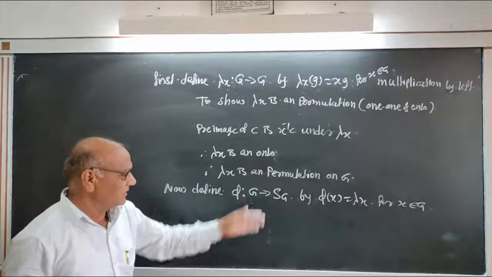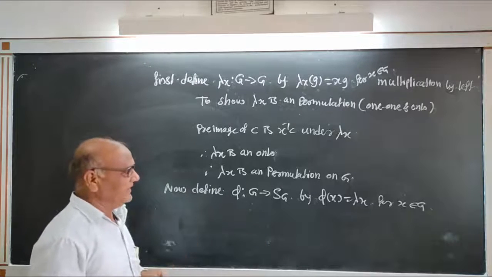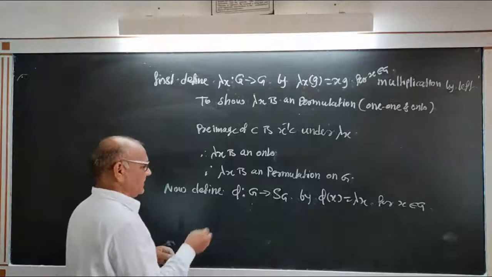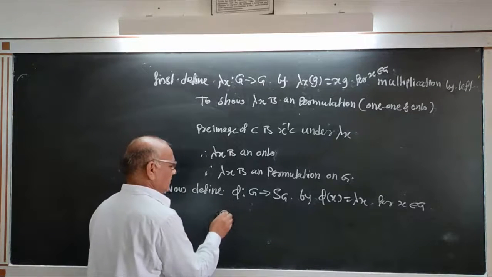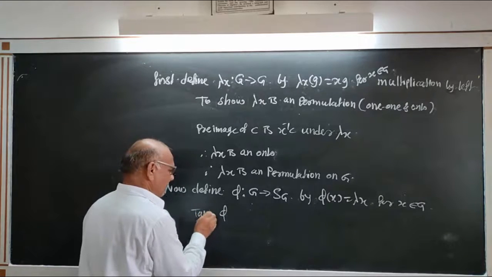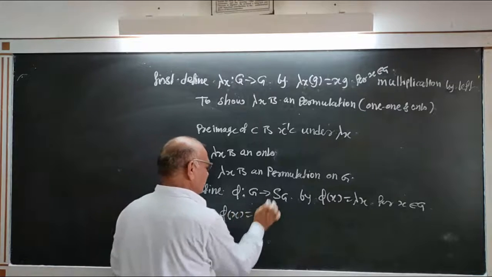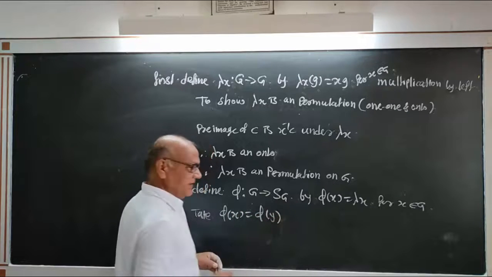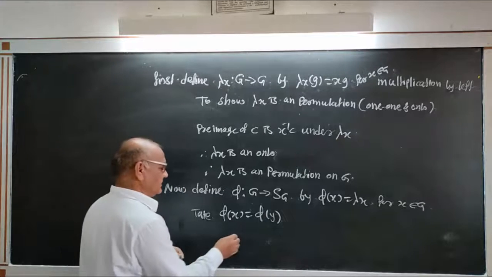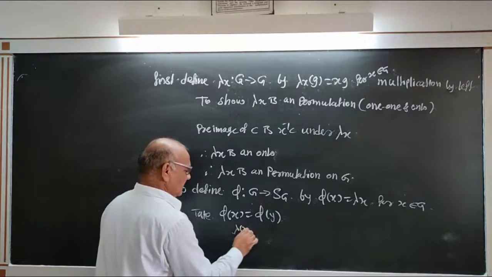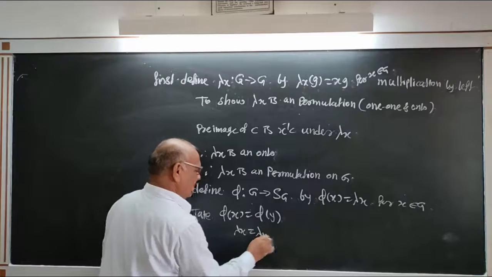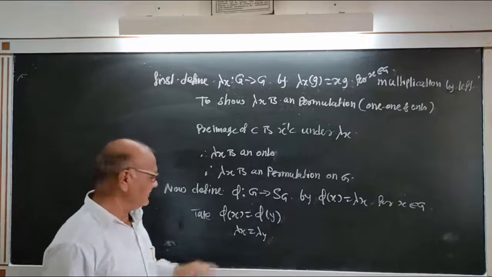Now, to show this mapping is 1-1, take phi of x is equal to phi of y. This gives lambda_x is lambda_y.